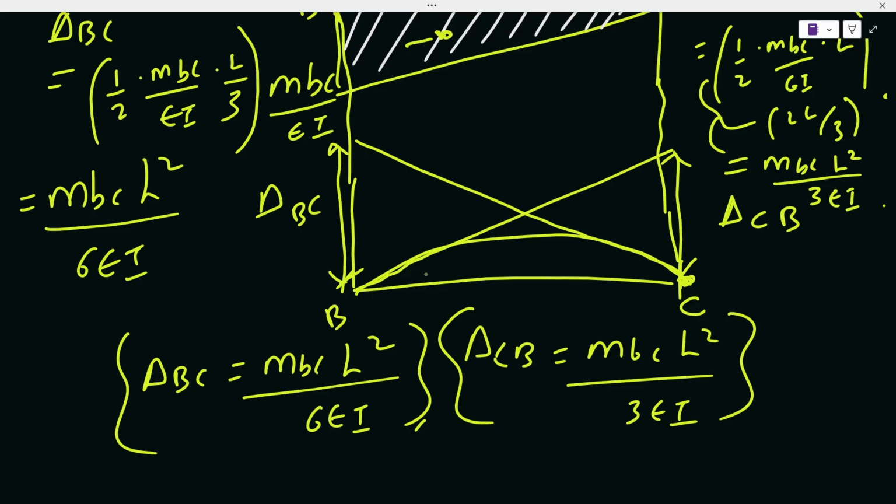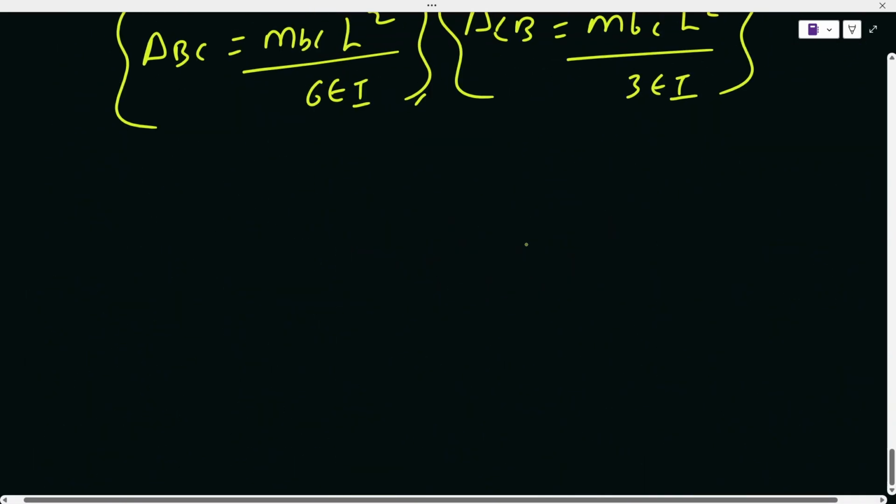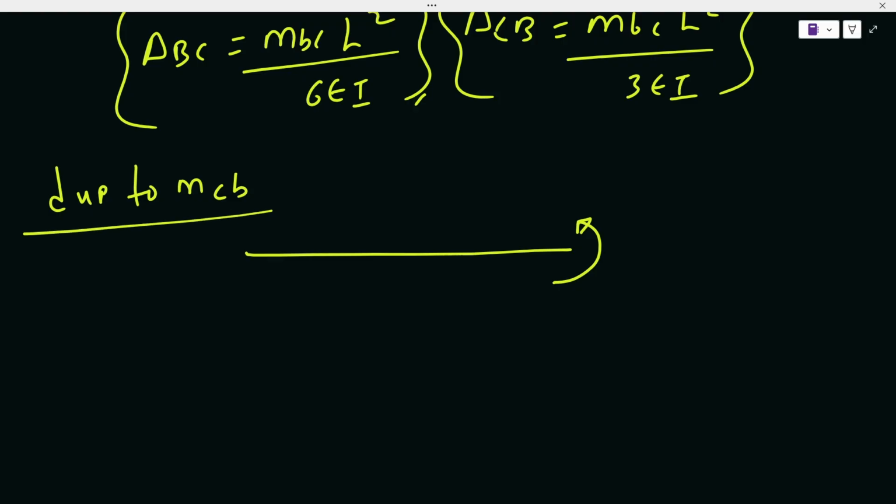Now, we are not done. We have to now do the one where MCB is acting alone. Oh, sorry, MCB. I've done MBC. Now it's MCB. That is the moment at end C, where the far end is B.